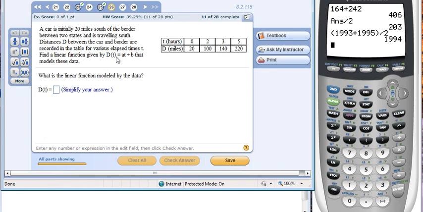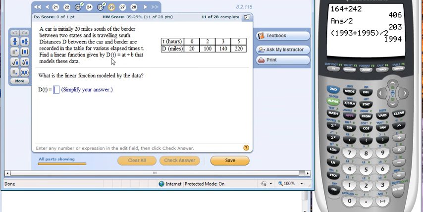So we're supposed to write a function, d of t. Now instead of an x, we've got a t. So that means time is the variable right there. What we're doing is looking at a function that as t changes, d changes. So this is a function in time.